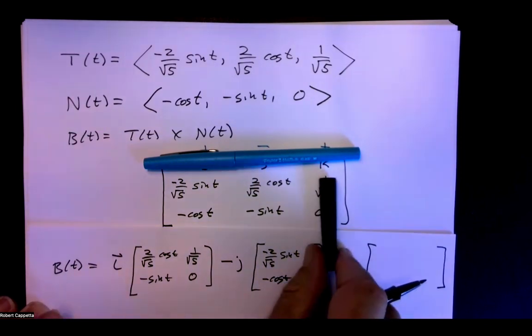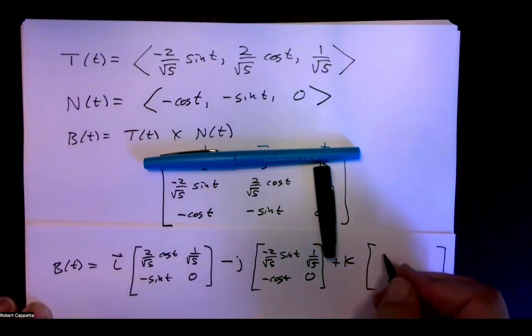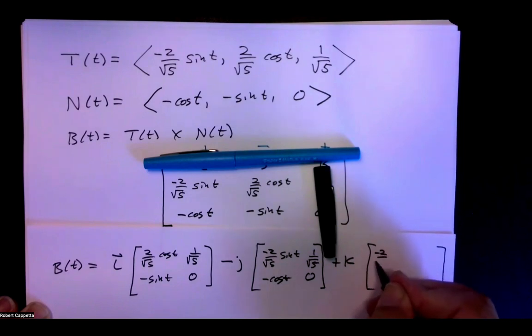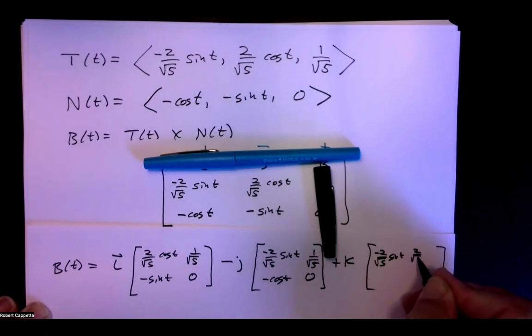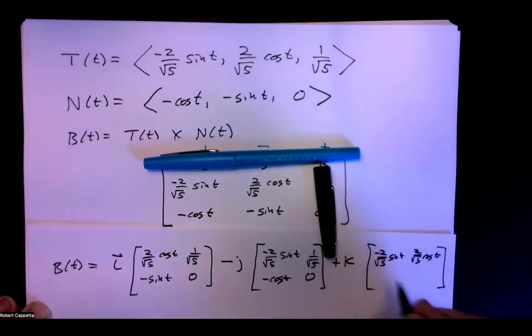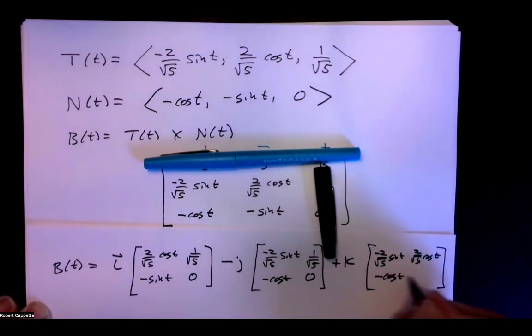Plus k times, crossing out the k, negative 2 over root 5 sine t, 2 over root 5 cos t, negative cos t, negative sine t.